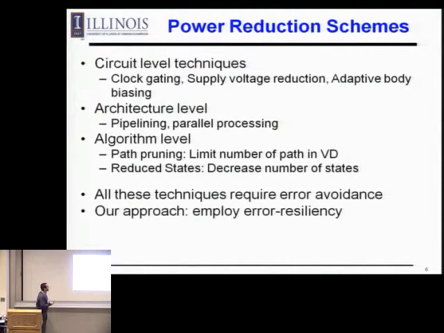Power reduction schemes are usually at the circuit level, architecture, or algorithmic level. And all these techniques try to avoid errors and assume the circuit is error-free. In our approach, we use error resilience. We can apply this error resilience on top of these approaches to further reduce power.